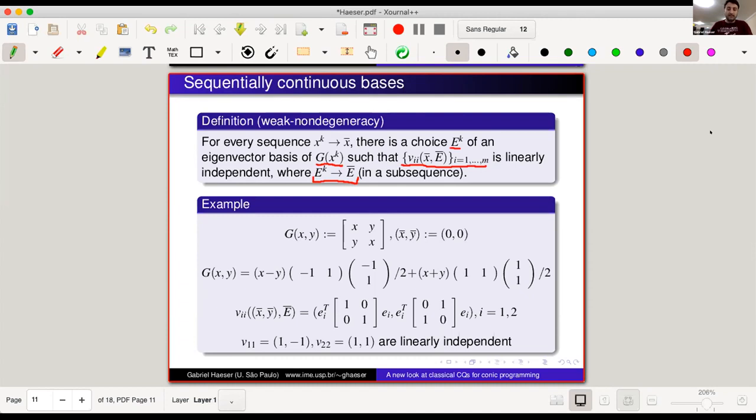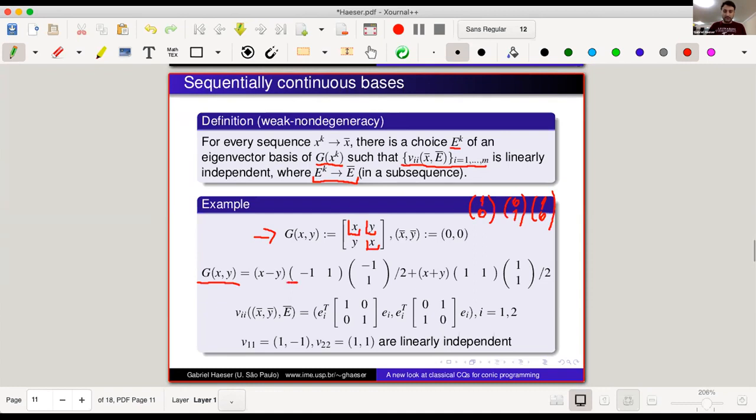So let's see this in an example. You have here a linear SDP problem, with a 2 by 2 constraint. Non-degeneracy would ask that these gradients be linearly independent, which is not the case. So it's 1, 0, 0, 1, and 1, 0. Non-degeneracy does not hold for this problem. But weak non-degeneracy holds, because here you can diagonalize this matrix G of x, y with the same eigenvector basis.